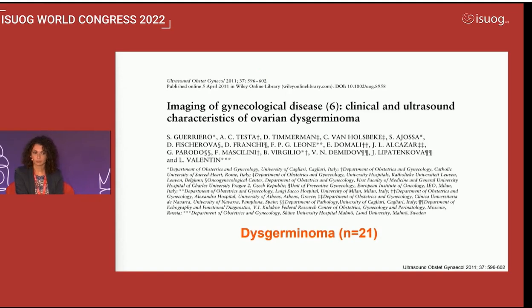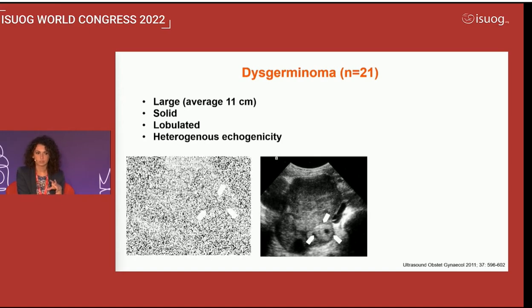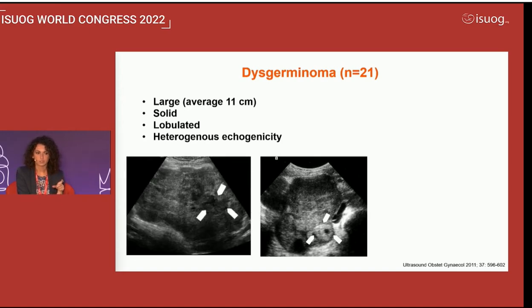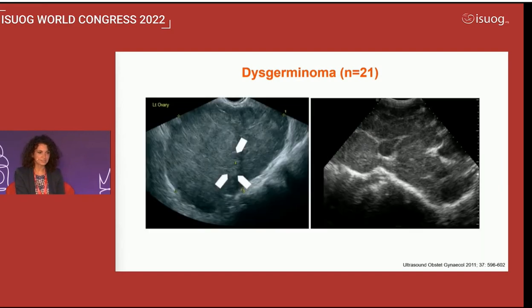If we look at the pictorial paper, 21 dysgerminoma, they were large, solid. We mentioned lobulated, and we talked regarding these lobules. So here, the arrows will show you these lobules. But they can look in a different way. Sometimes they are more obvious, sometimes they are not really obvious, so this finding can be tricky.